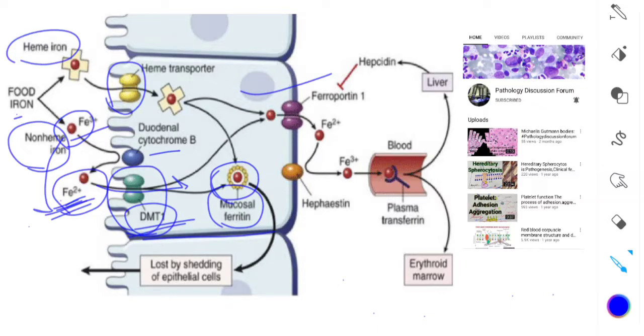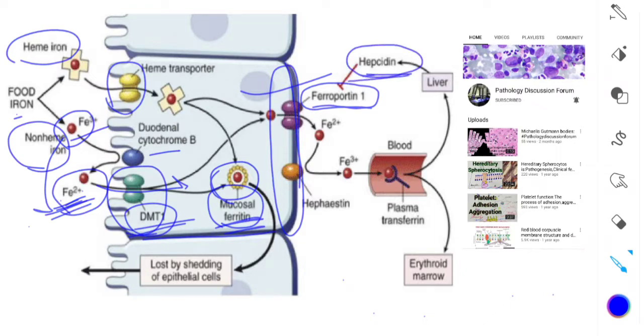If there is an excess of iron in the body, then it is mainly converted into the ferritin form, and if there is a requirement for iron for hematopoiesis, then it crosses the basolateral side of the enterocytes, and here it is transported with the help of a protein known as ferroportin, and this ferroportin is negatively controlled by hepcidin.